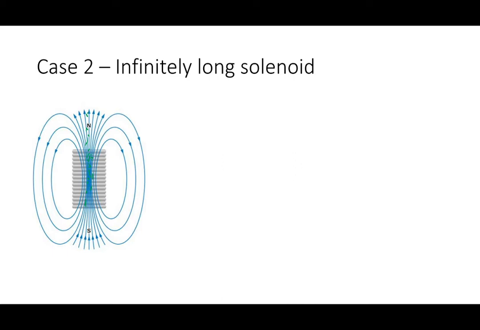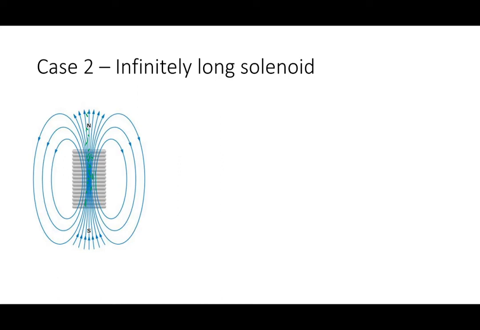So the first concept of applying Ampere's law is you have to have some idea about the magnetic field direction, at least. So imagine this was made very, very long, then the magnetic field would be very strong inside.